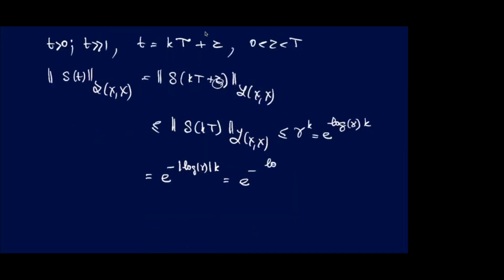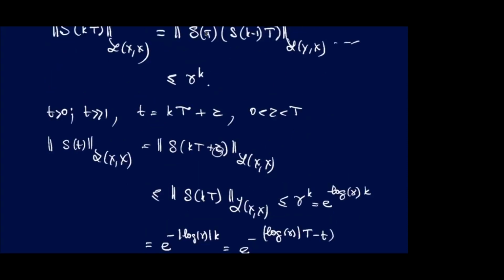So then I will get here the log of gamma in absolute value, times t minus capital T divided by capital T, right? And therefore, I will have a decay rate, which is exponential of minus the logarithm. So here I will get log of gamma times t, essentially, with a constant c.